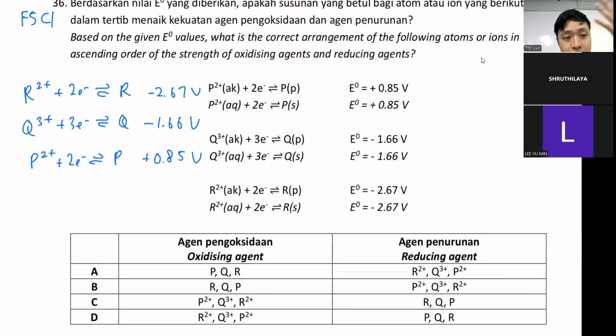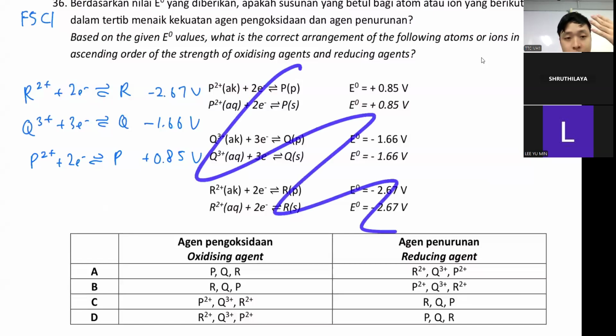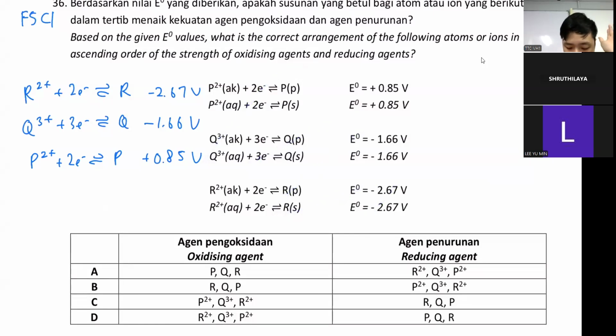So then what you do is you arrange properly already, most negative to most positive in order. You ignore this here, arrange in order. Then left side is oxidizing agent, right side is reducing agent. First, you must arrange first.